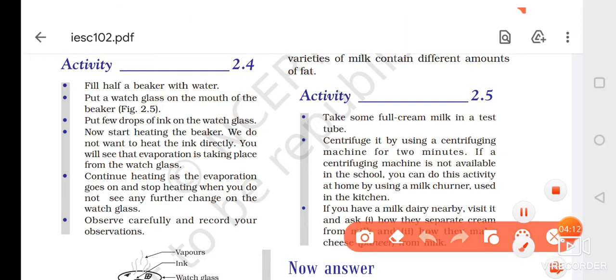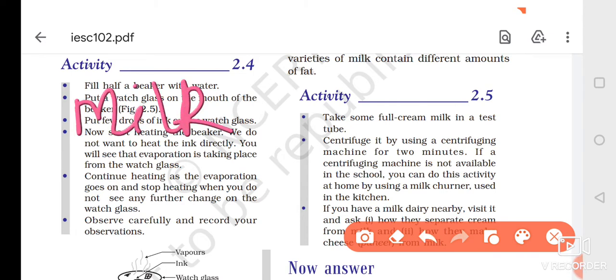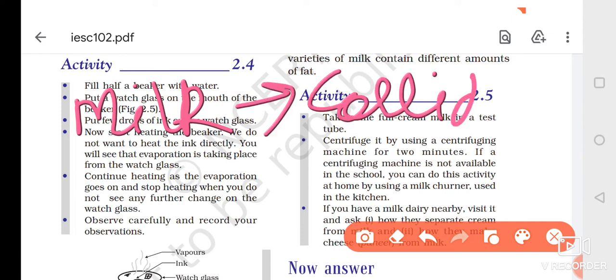Let me explain with an example. I have a mixture of milk where I will use the centrifugation technique. This milk is a mixture with water also. We know that milk is a heterogeneous colloidal solution.